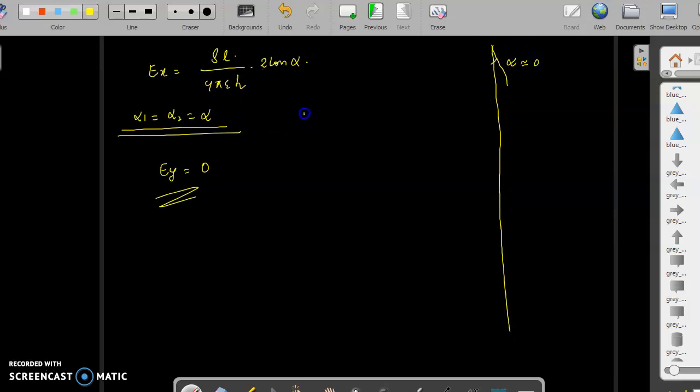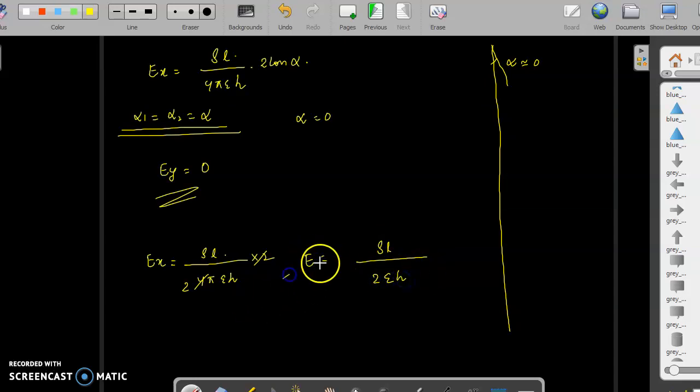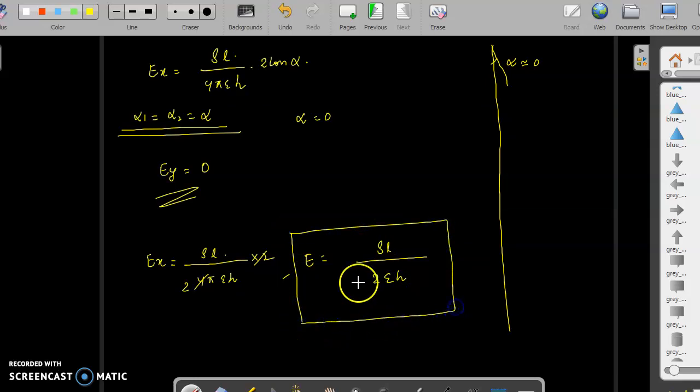If you substitute alpha equal to 0 here, the Ex component becomes rho L over 4 pi epsilon h times 2, so Ex becomes rho L over 2 pi epsilon h. There is no Ey component, that means E is equal to Ex.